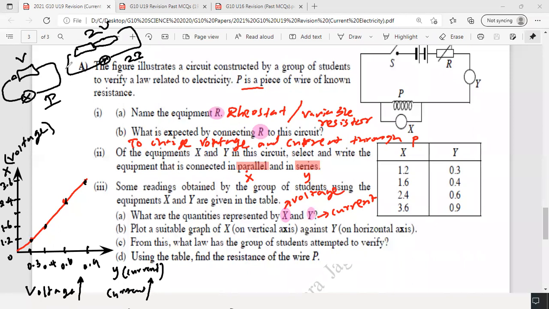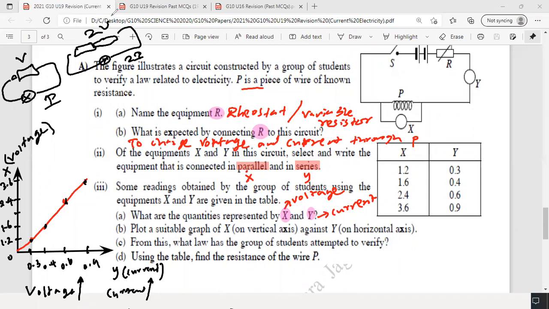So it's kind of common sense. When the voltage increases, the amount of current passing through the coil also increases, so voltage is directly proportional to the current. That's what you can prove. So who conducted this experiment for the first time? George Simon Ohm. Therefore we call this Ohm's law.